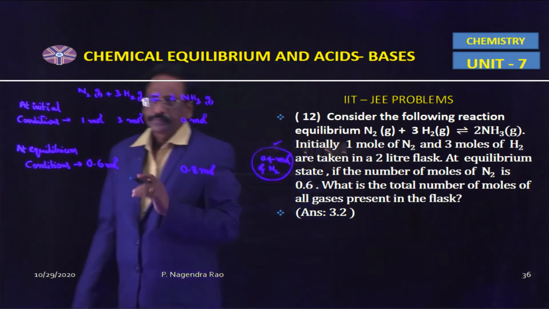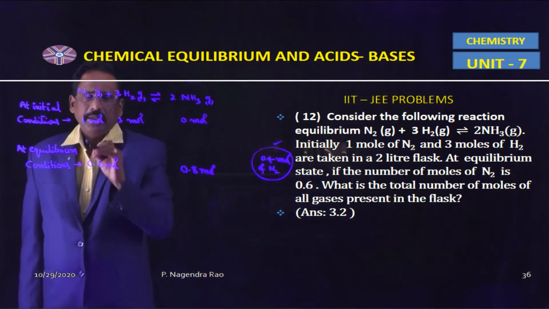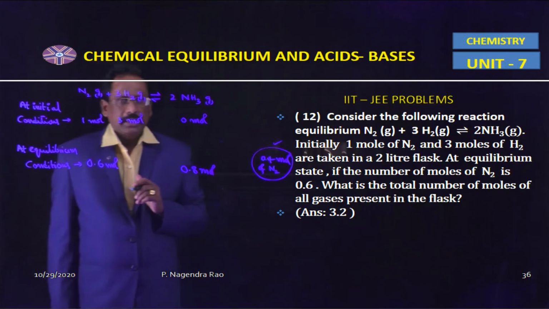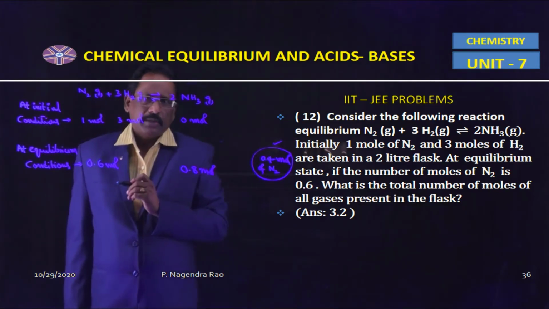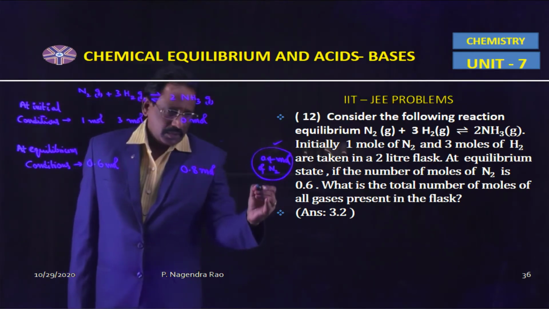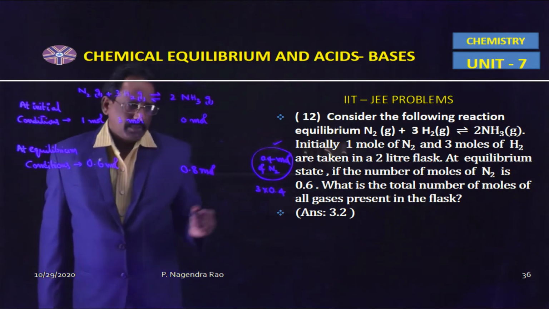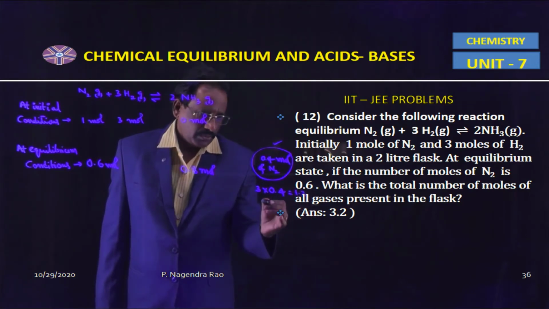Now here, by comparing these two, originally 1 mole of nitrogen gas combines with 3 moles of hydrogen gas. Therefore, 0.4 moles of nitrogen gas requires 3 into 0.4 moles of hydrogen gas, that is equal to 1.2 moles of hydrogen gas.